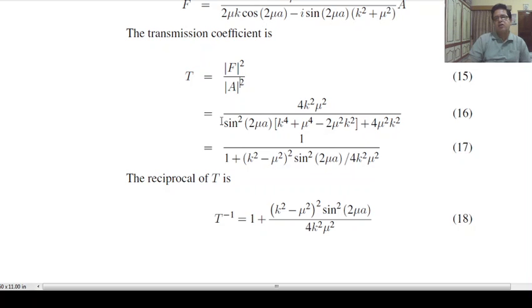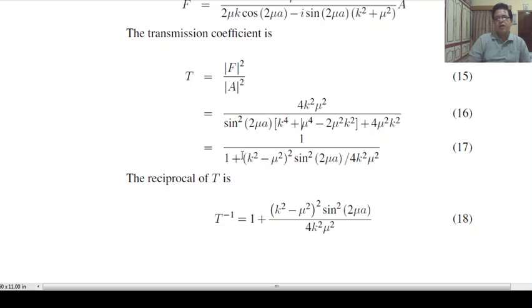And this result becomes 4k square mu square upon sine square 2 mu a times (k square minus mu square) whole square, plus 4 k square mu square.